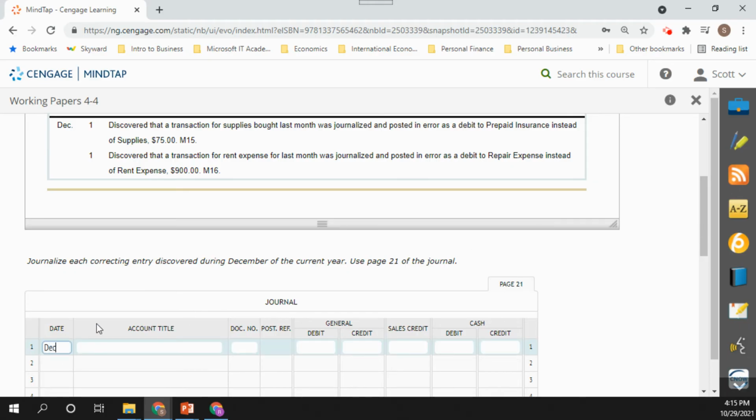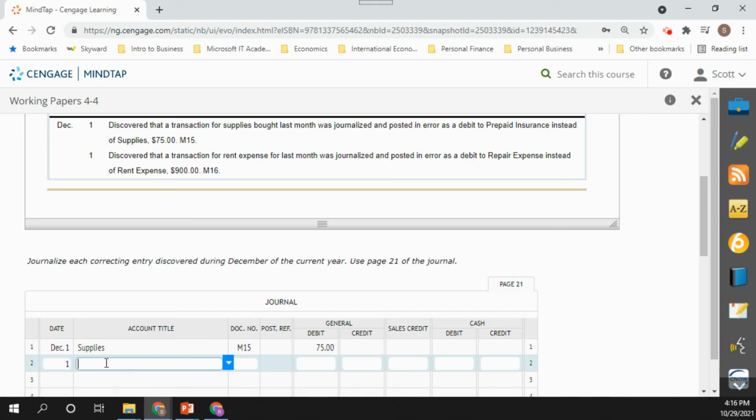I'm going to be a good boy and write December 1. All right. And our journalizing is going to be, we should have put this to supplies, document number M15, should have debited supplies on the first.